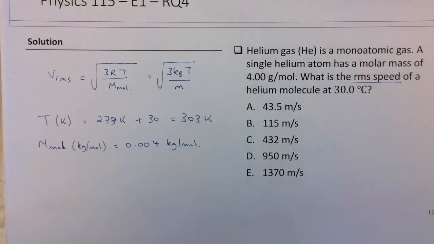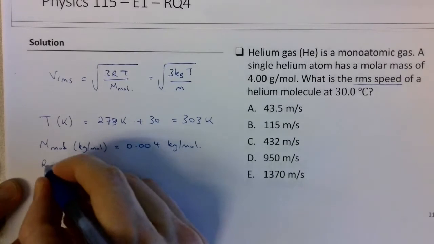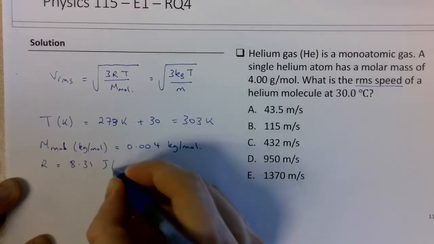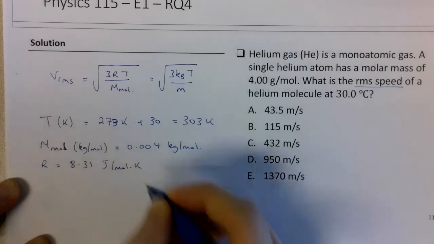And once you have those two conversions, you should be good to go. The gas constant should again be in SI units, the 8.31 value, joules per mole Kelvin. I know some of the chemists like to use different values of the gas constant, but I only recommend using the SI quantity, 8.31 joules per mole Kelvin.